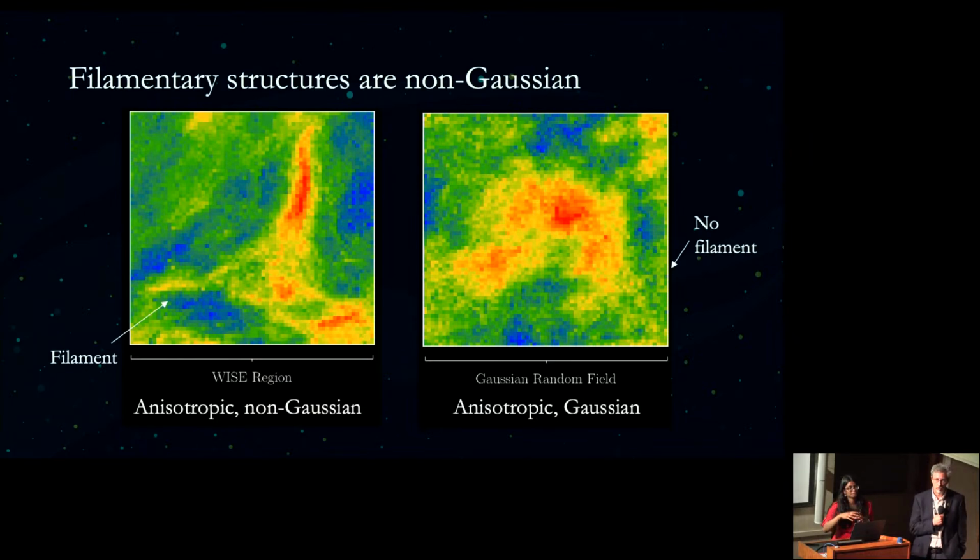Because we wouldn't want it to recreate some other random filament. So this WISE actual data has not had anything removed from it? So it's had point sources removed and then some other corrections. So it's just like the dust map. Yeah. Right. So I mean, okay. Sorry, go ahead.